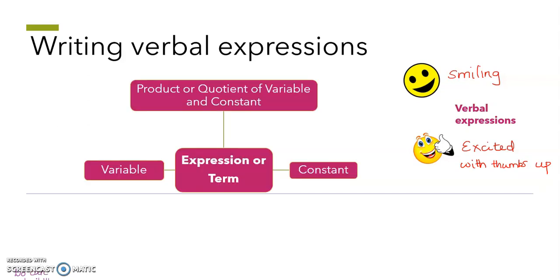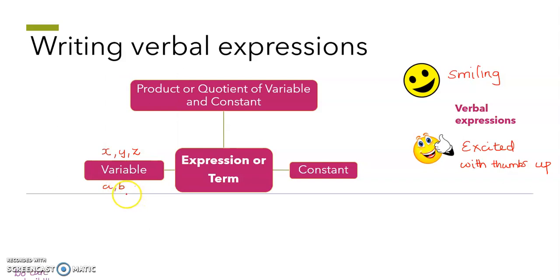So before going into algebraic expression or term, let's go back to some basics we have learned previously. An expression or term can be either a variable or a constant. It may also be a product or quotient of a variable and a constant. So you may get a doubt. What is a variable? A variable can be x or y or z or a, b, c.